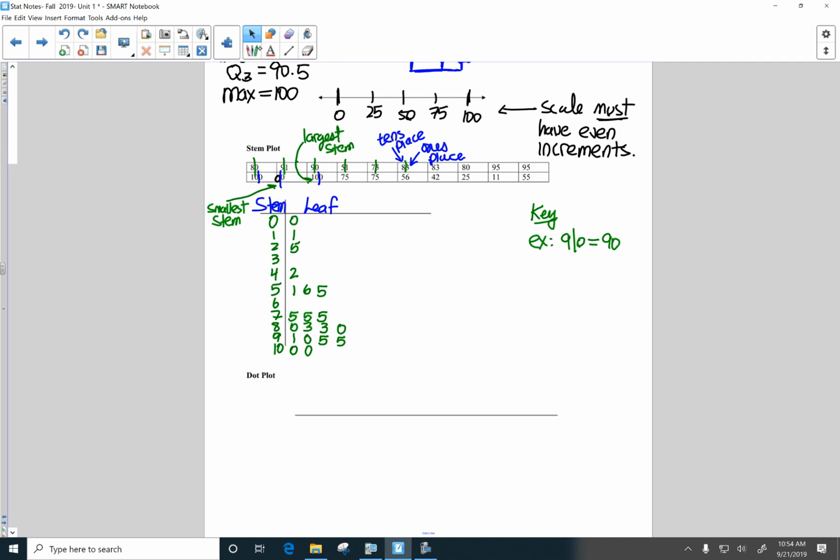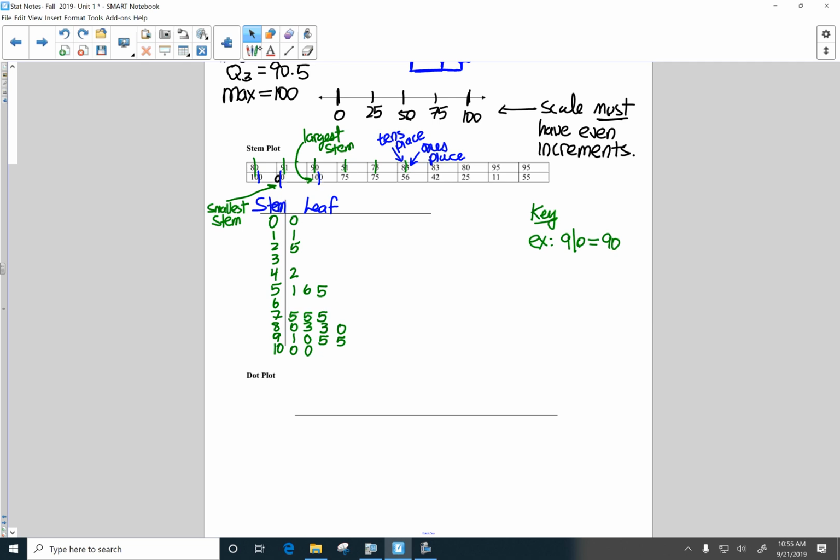The only question would be, what histogram does that correspond to? Because that doesn't look like the histogram we created on the previous page. Well, that histogram went by 20s. This histogram is going by 10s. A stem plot, if you're dealing with ordinary integer values, is going to go by 10s because each tens place is an interval of 10 values, naturally.